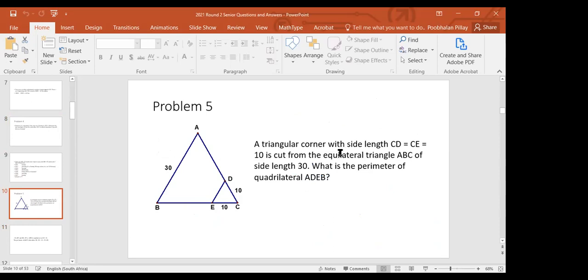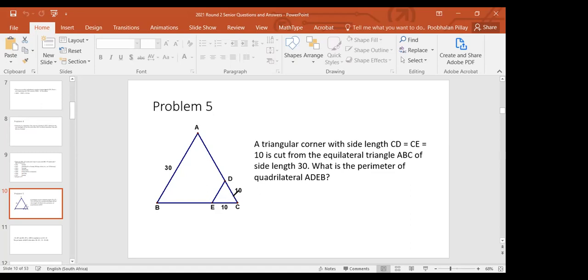A triangular corner with sides CD equals CE equals 10 is cut out from an equilateral triangle. So here you've got a triangle which is an isosceles triangle, because both the sides are 10.